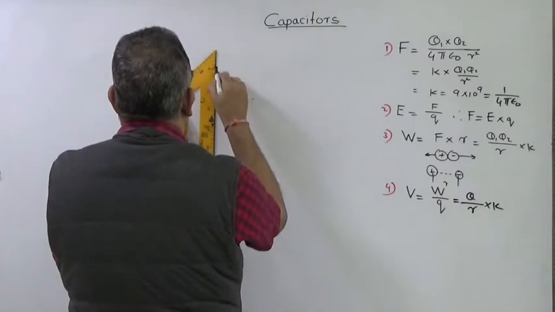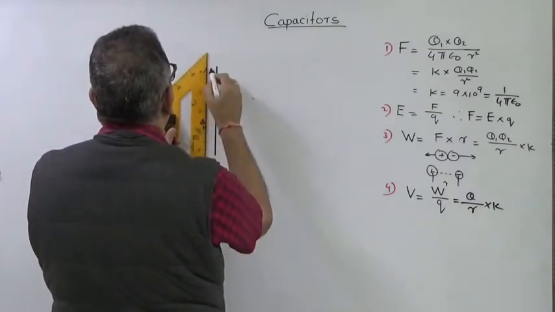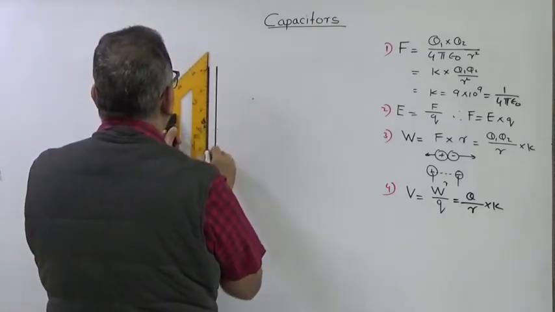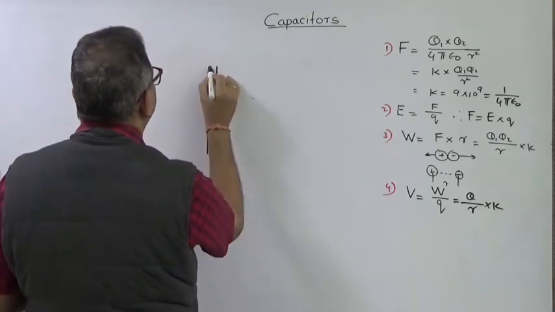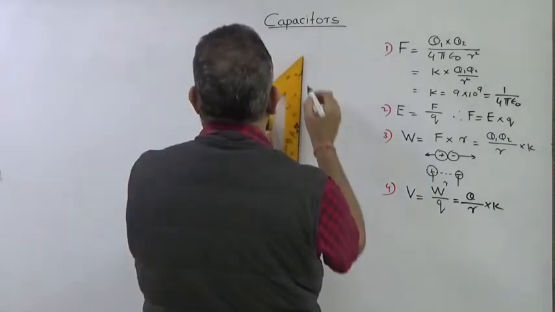So this would be, suppose, one plate. I am showing some thickness to the plate; normally the plate will be very thin.